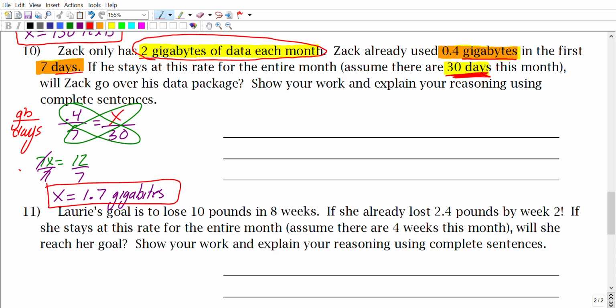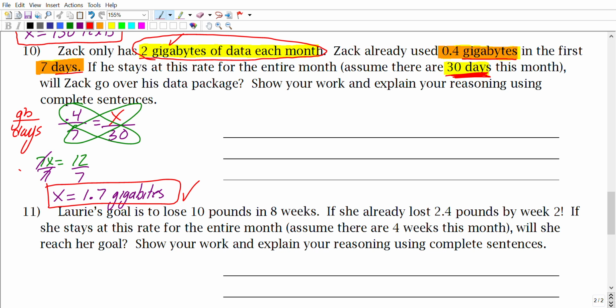So this is my answer. So what was the question again? It says, if he stays at this rate the entire month after the 30 days, will Zach go over his data package, or his data limit? Well, this is how much he would have used, 1.7, and this is his max. So did he go over his limit?